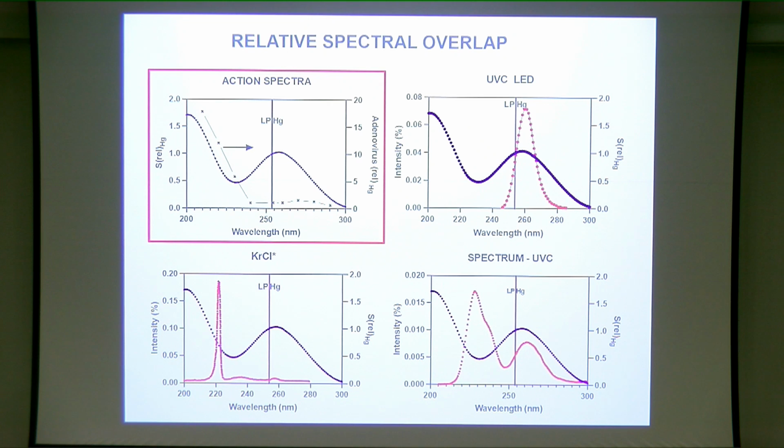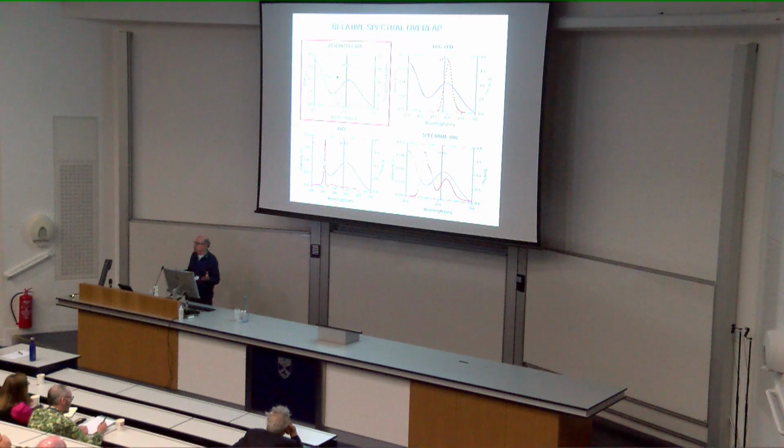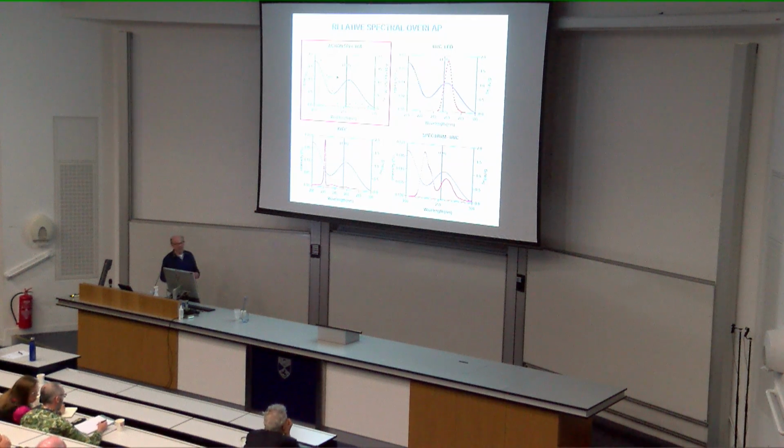The LEDs are broader, so no wavelength has more than 8% of the lamp. And the broad spectrum lamp has 1 to 2% per unit wavelength over about a 100 nanometer range. The blue curve is a typical action curve. But I show on the left a special curve for the adenovirus, where it's the right-hand scale and it goes up to 5 or 10.